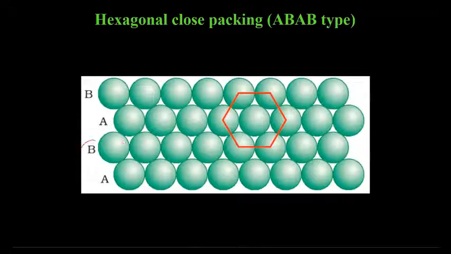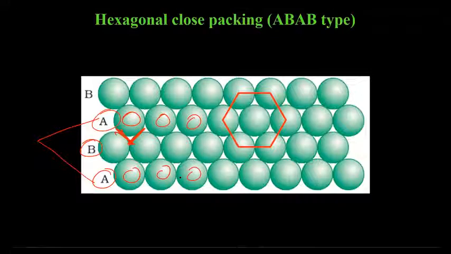So because this one is different from the first one, that's why it is AB. Now, if you place another one from this one, it will look like similar. These two are similar ones. Now, this one will be in groove of B, and both these are exactly one over the another. That's why A. Okay. So it is AB, AB type.